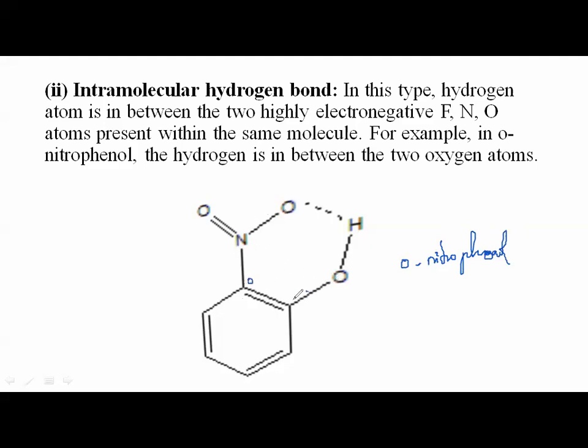I have told you what the ortho position is: the next adjacent position is ortho. Therefore, I call it O-nitrophenol. So you can see here the hydrogen of this molecule is having slight attraction towards oxygen of the same molecule. So the hydrogen bond is within the molecule, not in between molecules. Such hydrogen bond is called intramolecular hydrogen bond.